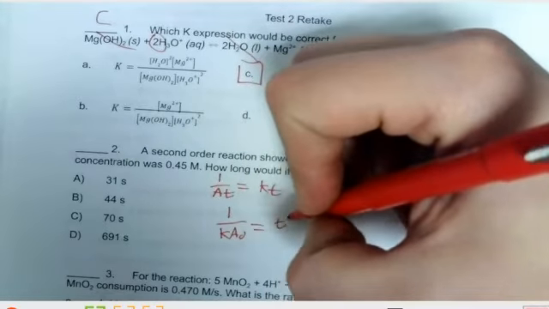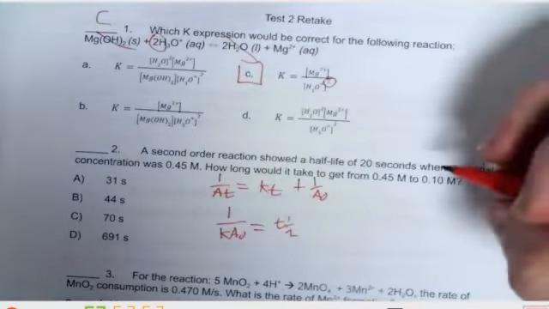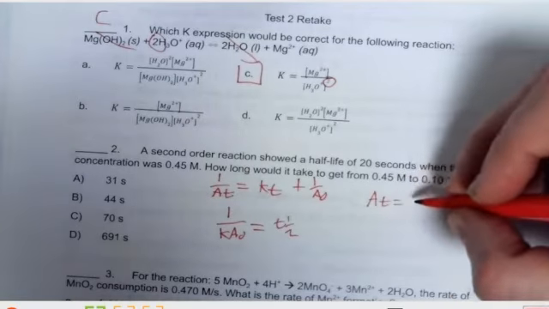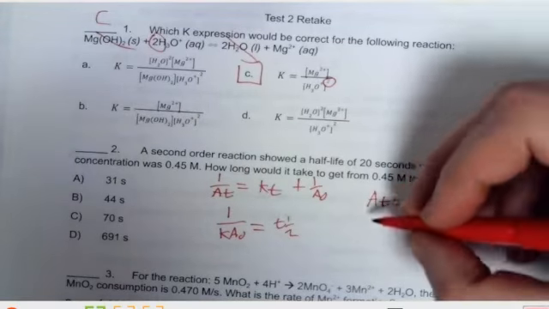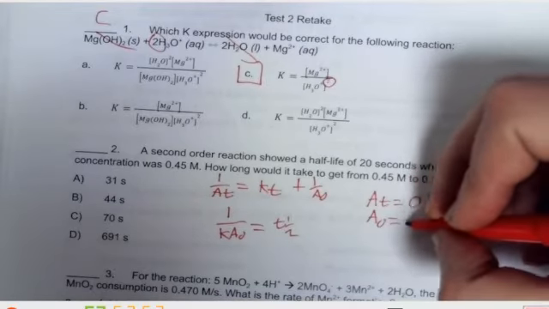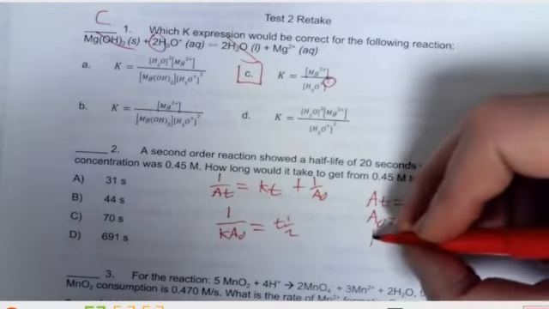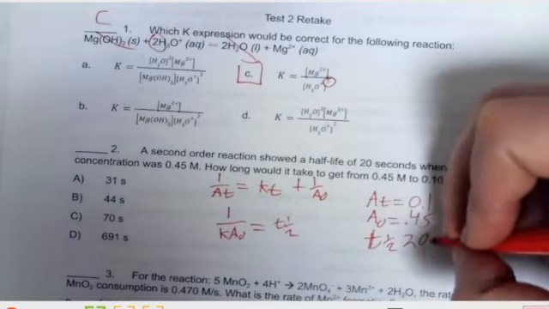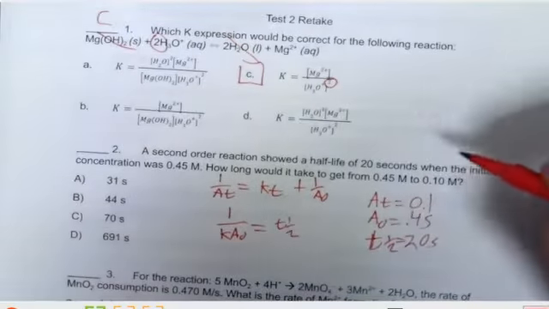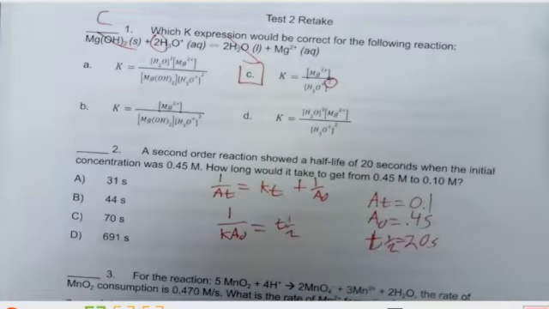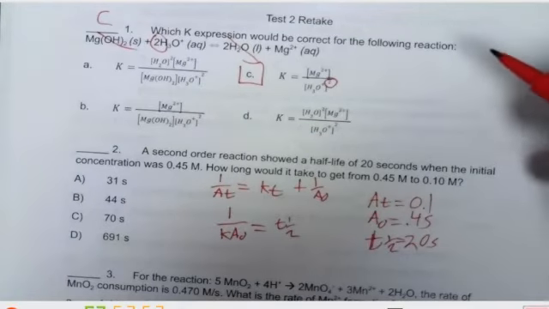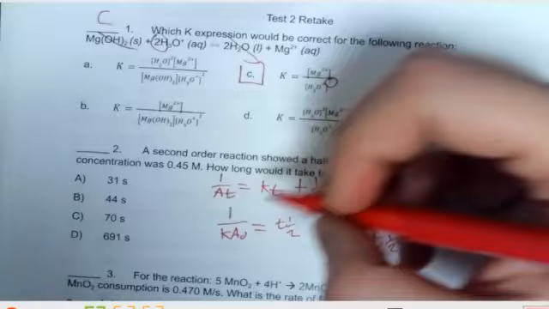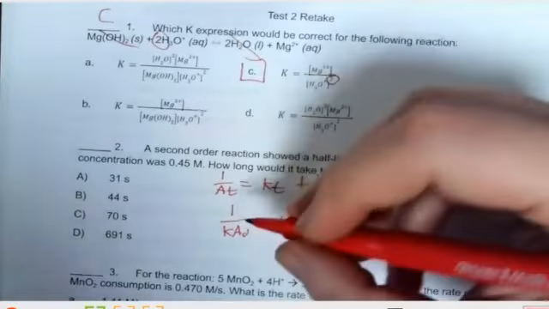If we're given A sub T is 0.1, A sub 0 is 0.45, and T1/2 is 20 seconds, can we find our T?